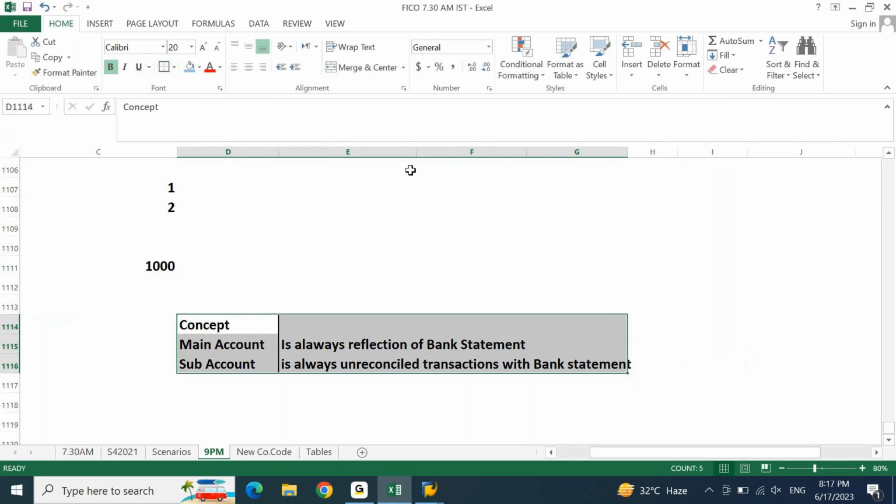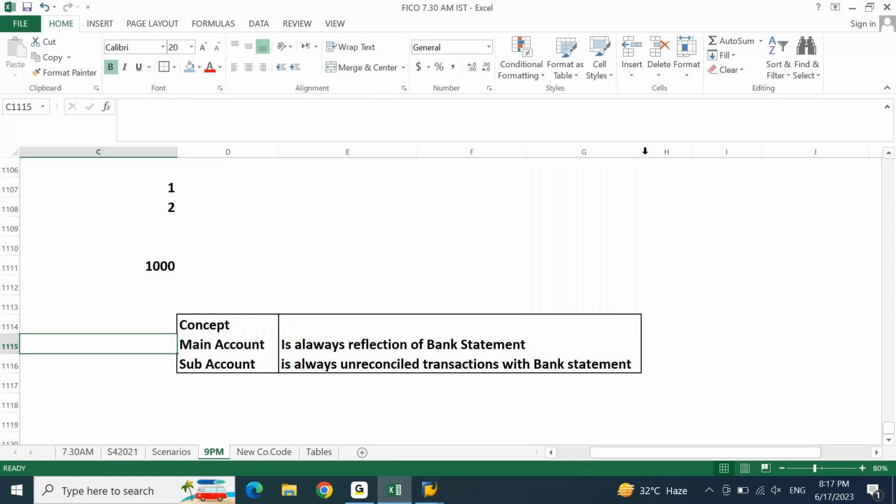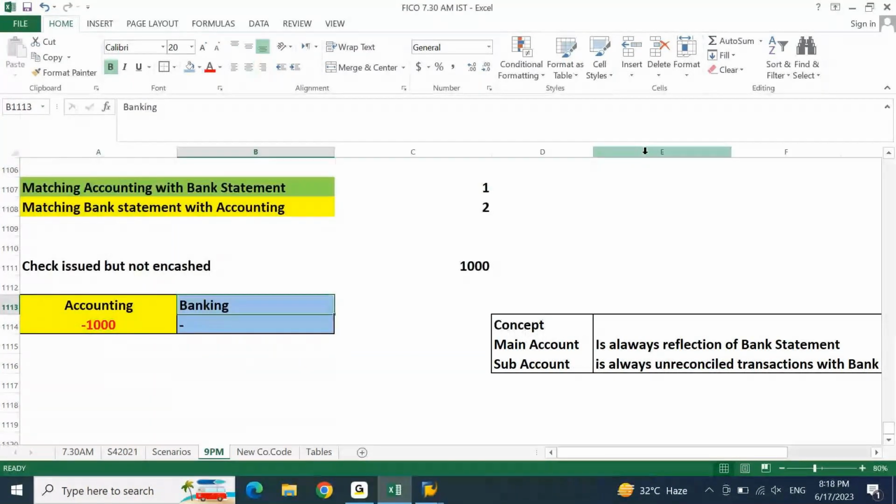Are these 2 points clear? Your main account is always a reflection of the bank statement. In short, whatever entries appear in your bank statement must appear in your bank main account. If a transaction does not appear in the bank statement, that should not appear in the bank main account.